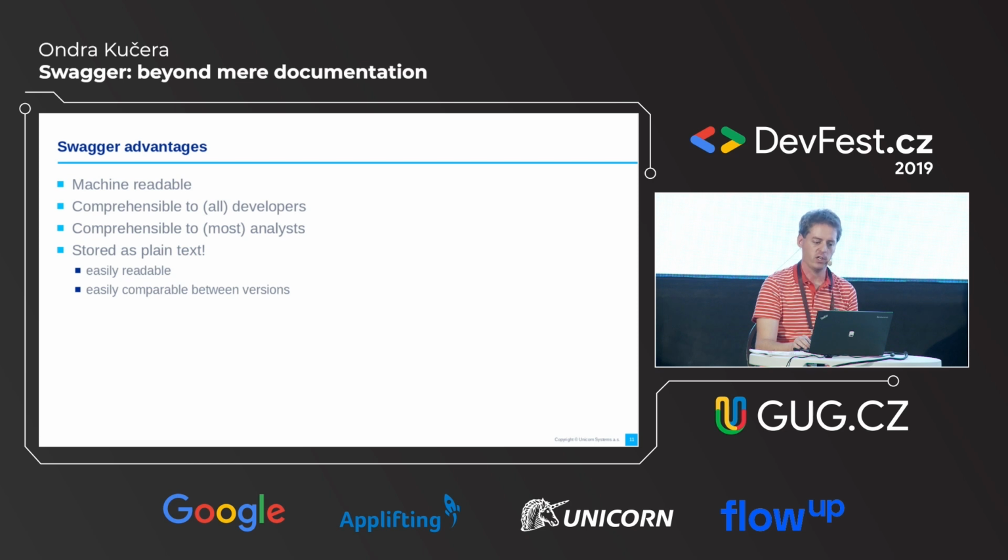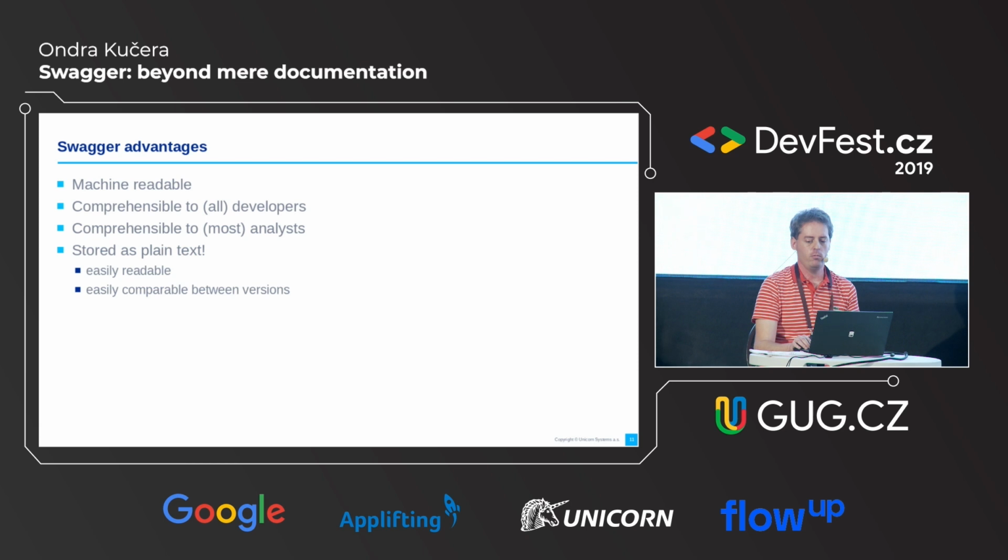And another big advantage of Swagger, it's a boring old plain text, which means you can put it under your version control, and you can see who changed what, when, and if they provide a good commit message, which they won't, but anyway, you may even find out why.